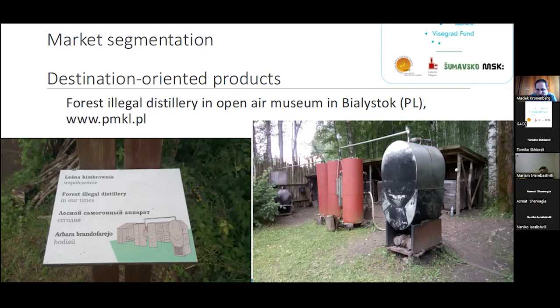First of all, there was absolutely no information about this machinery, how it's being used. Of course, it was not working. That's the problem with the law, that you cannot produce it officially, so you are not allowed to put it in use. But having no background, no information on how it works, no guide here who would explain how it works.